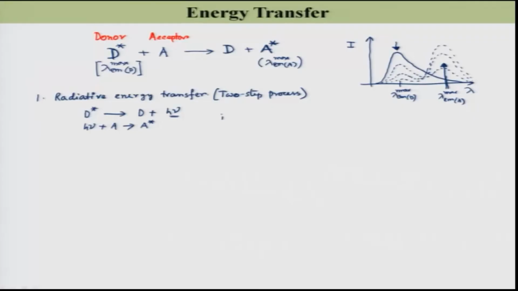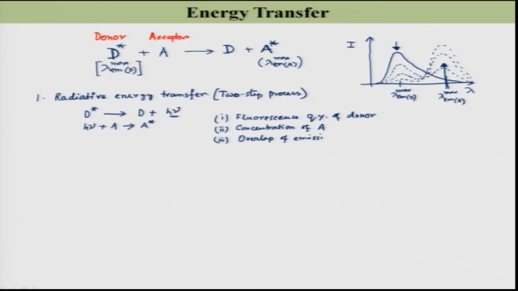The condition number 1 is the fluorescence quantum yield of donor. 2, I can write the concentration of A, and 3, I can write that overlap of emission. So, these are the three conditions.